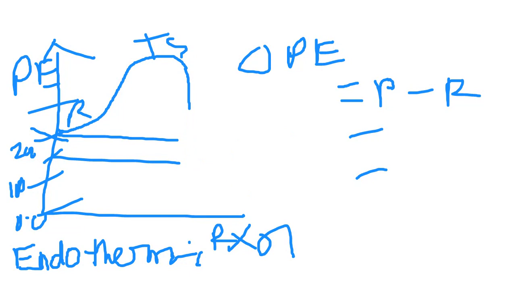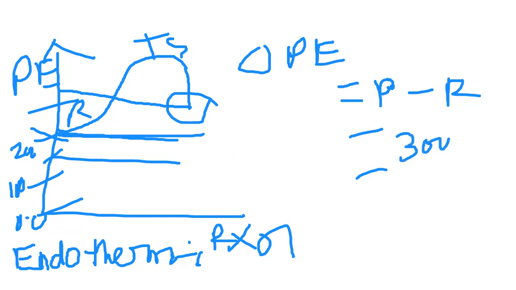Okay. So here the reactants' potential and then it goes up to the product potential. So now product minus reactant. If we consider, let's say, 300 for the product and the reactants is 200, just consider.